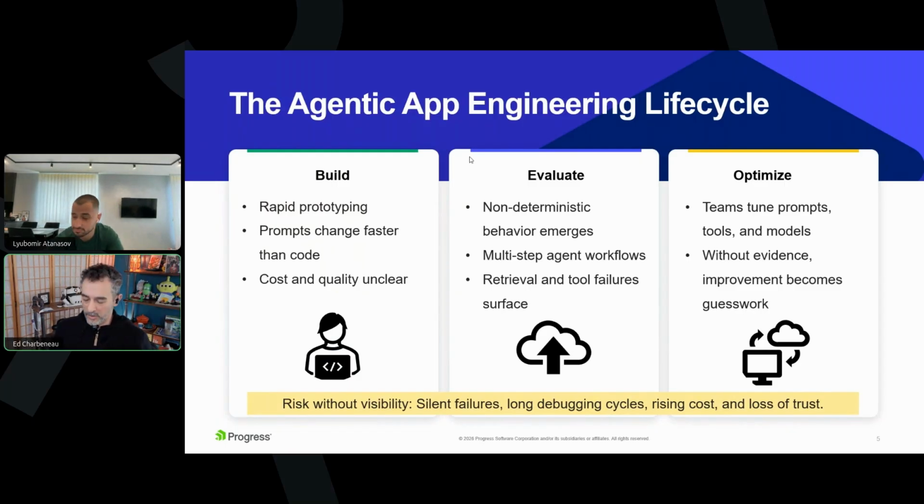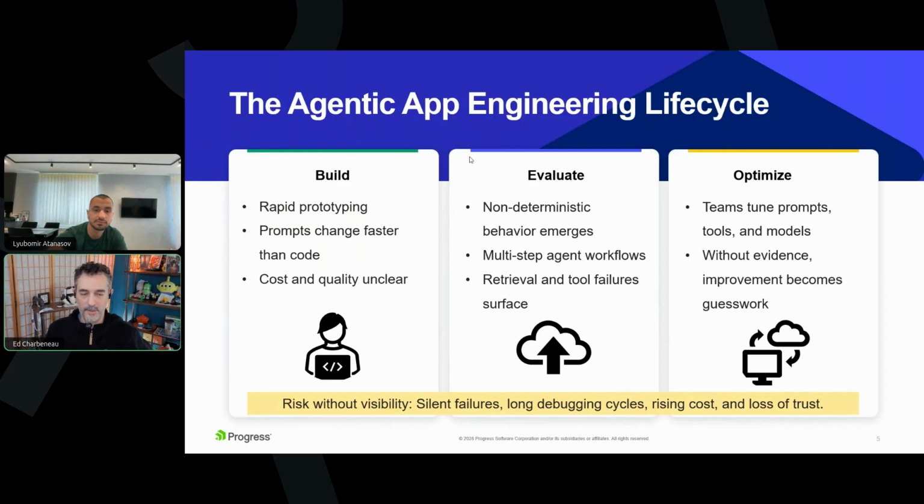So when you're in the build phase, you're rapid prototyping, you're writing a lot of prompts, and then you're kind of changing those prompts to see if you can get the agent to do the activity that you want it to do. And it's all that natural language type of development where you're forming that prompt and trying to get it to clearly do what you want it to do.